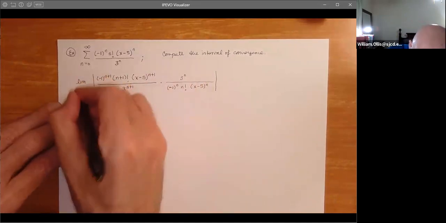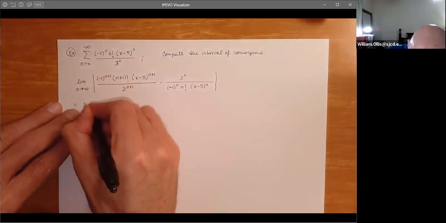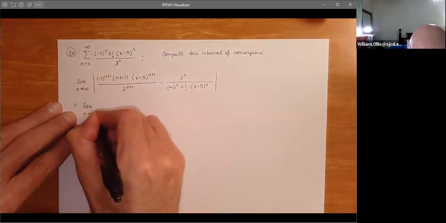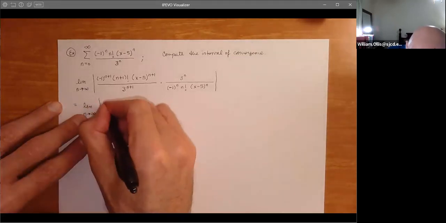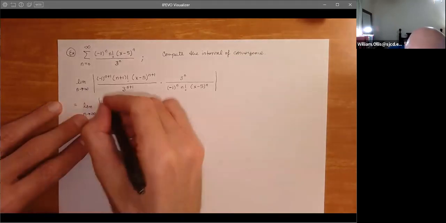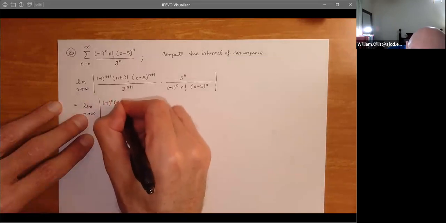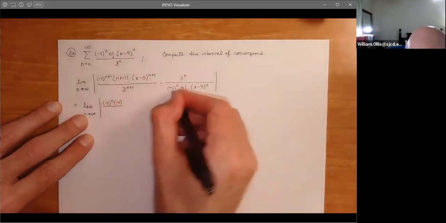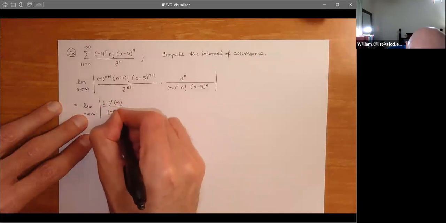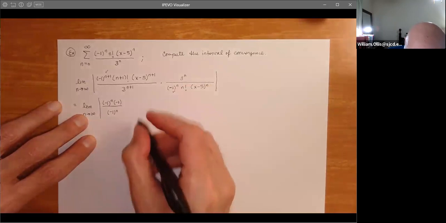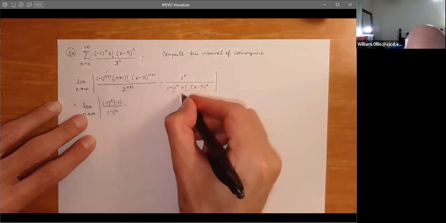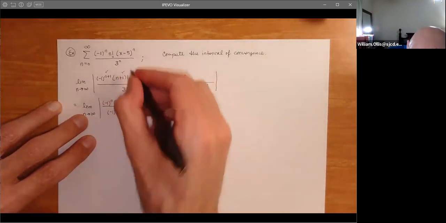So let's see. We get the limit as n passes to infinity. Let's just go ahead and pair everything up. We get (-1)^n times the -1, and just pair it here with the (-1)^n. Of course, those will absorb. Just check them off as you do them. And then we have the n plus 1 factorial and the n factorial.